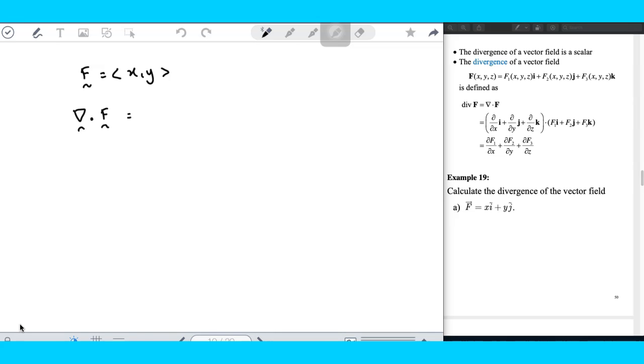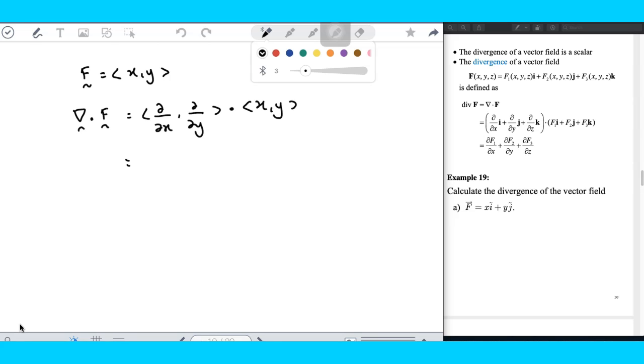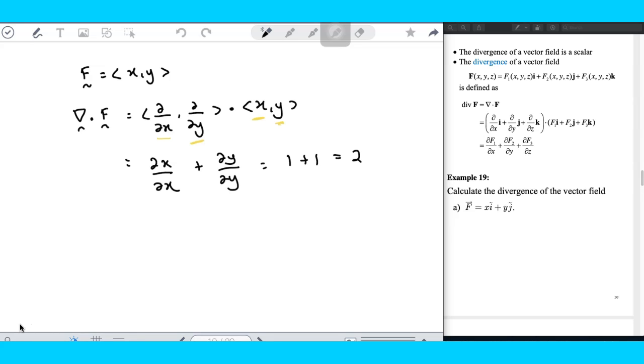So you have del x for the component of the gradient, and del y, dot with the x and y. Meaning that here, you multiply this one by this, plus this one by this, so it ends up to be del x over del x plus del y over del y.